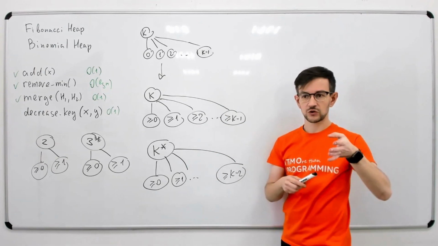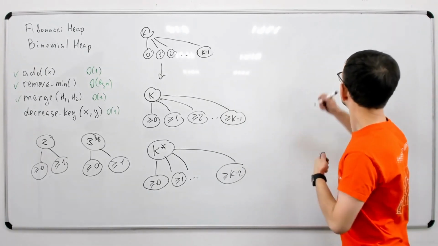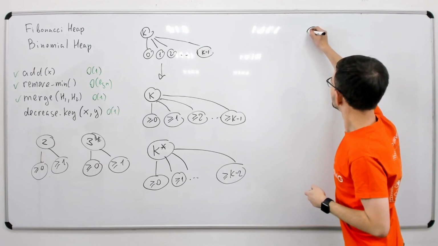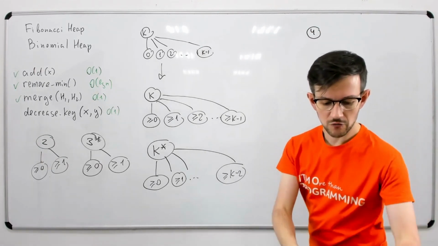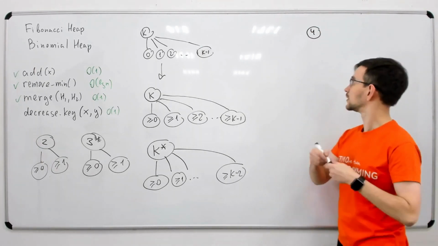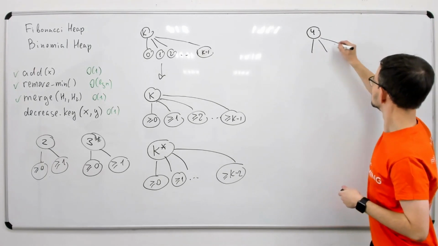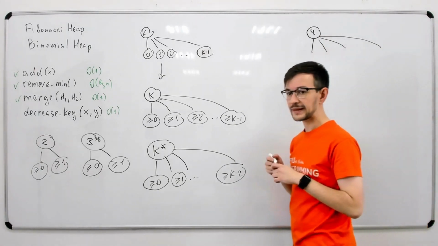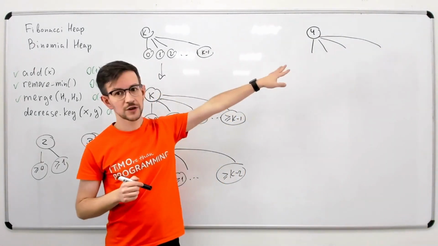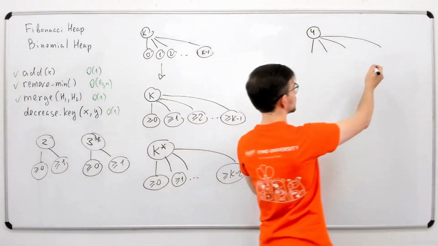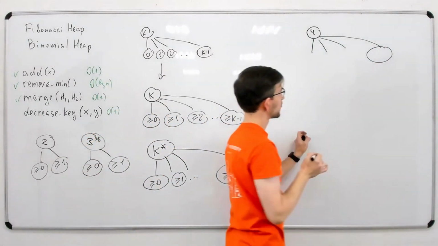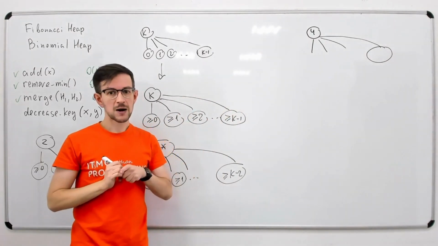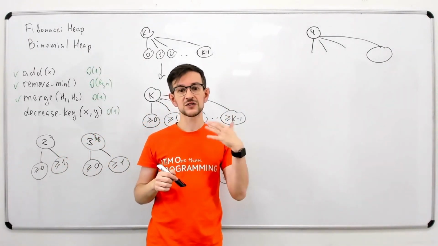Imagine you have a tree of rank 4. The tree of rank 4 has 4 children. Let's look at the rightmost child. This rightmost child must have rank at least 3.